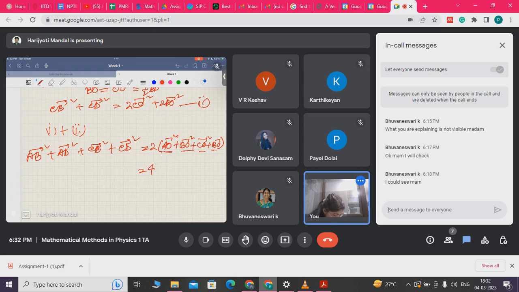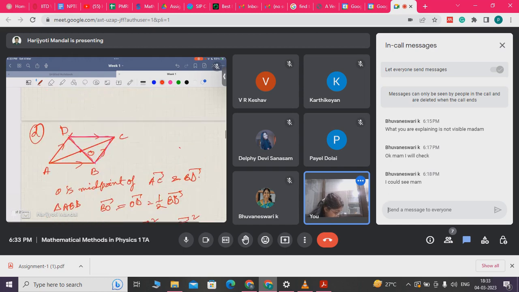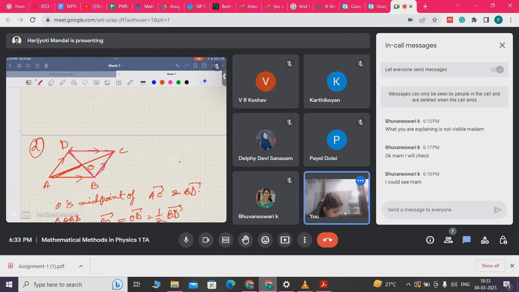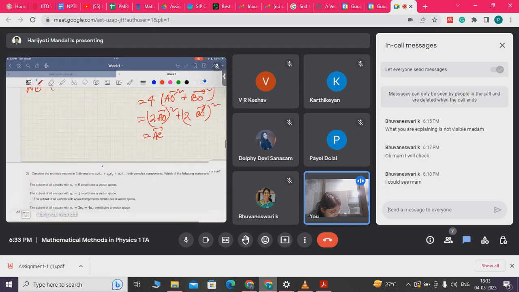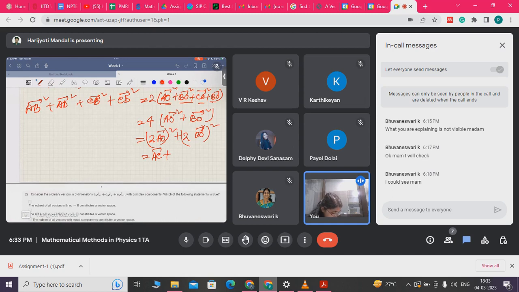So there is 2BO and AO is equal to CO. So you can write 4 into AO square plus BO square, which can be written like this. 2 into AO is AC because O is the middle point of AC.